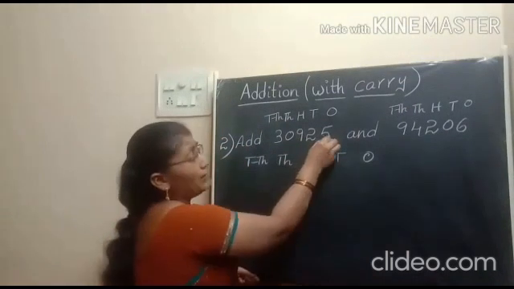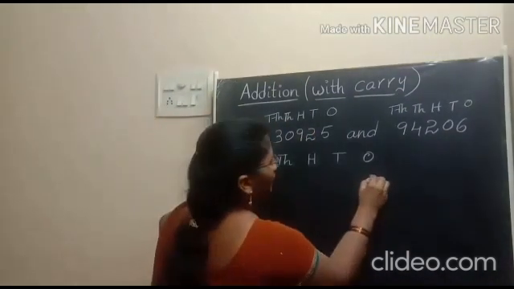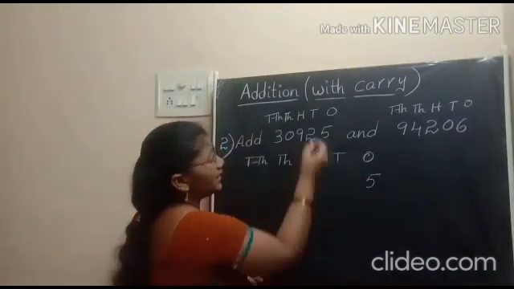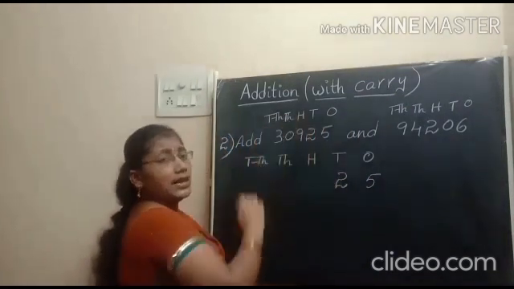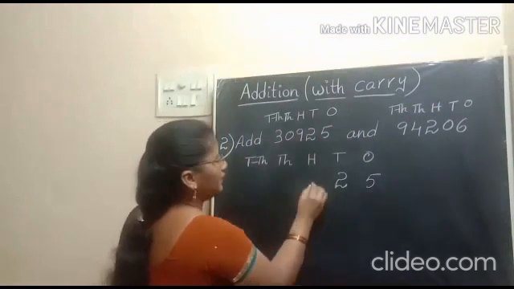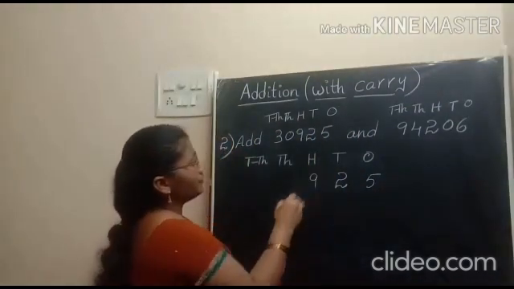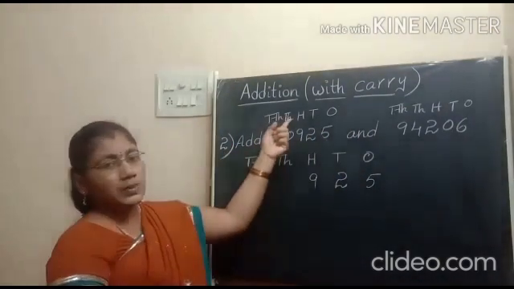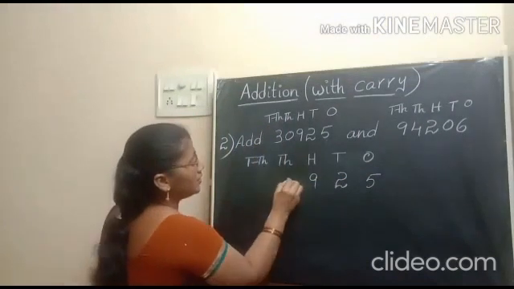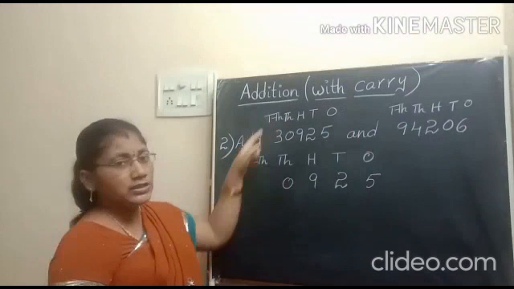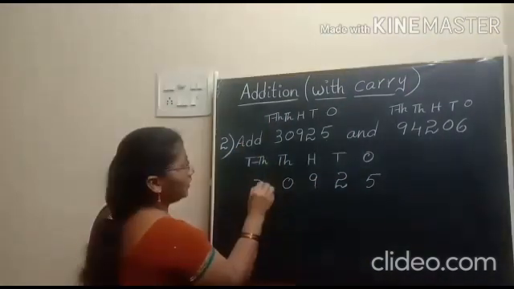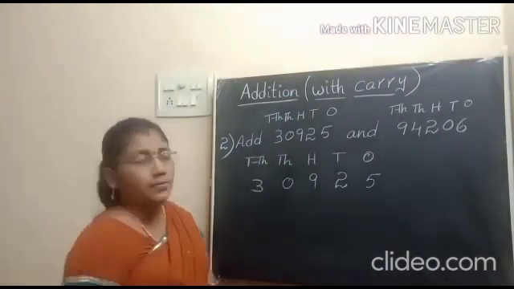Now, 5 is in ones place, right here. 2 is in tens place, right in the tens column. 9 is in hundreds place, so write in the hundreds column. 0 is in thousands place, so simply write 0 in the thousands column. 3 is in 10,000s place, so write 3 in the 10,000s column.